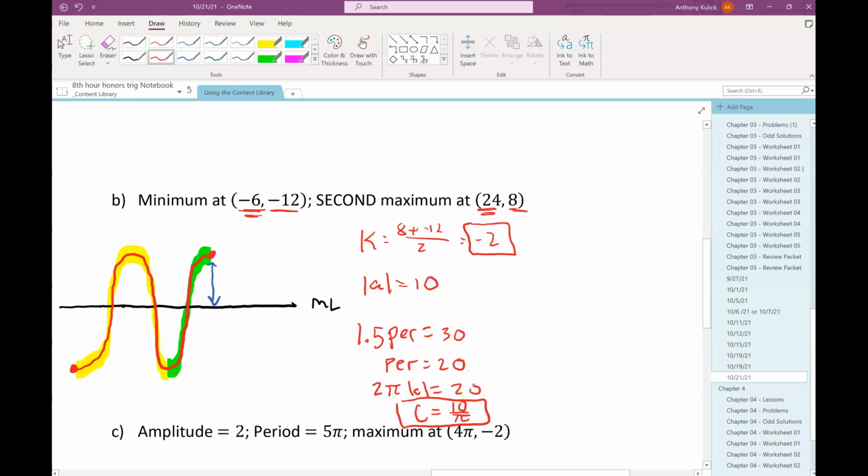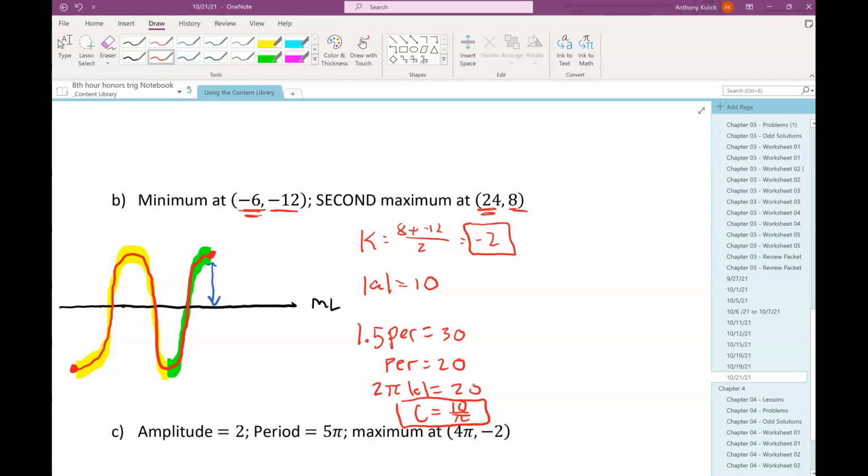Sydney? 30 divided by 1.5. I just did it in my head. Like 30 divided by 2 is 15, right?